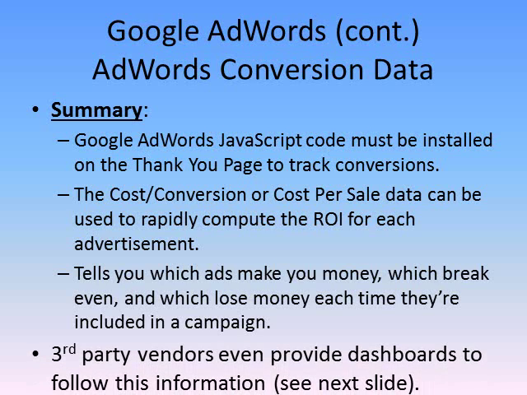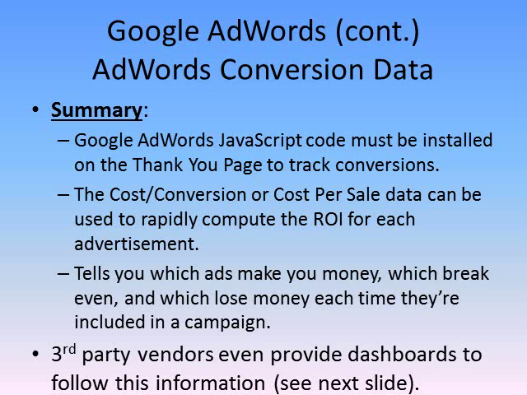And third-party vendors even provide dashboards that will access Google AdWords information and provide you with this information graphically. Do you know the term dashboards? Dashboards are simply easily displayed and easily read graphs, charts that can be displayed on your computer screen so you can watch this all the time.